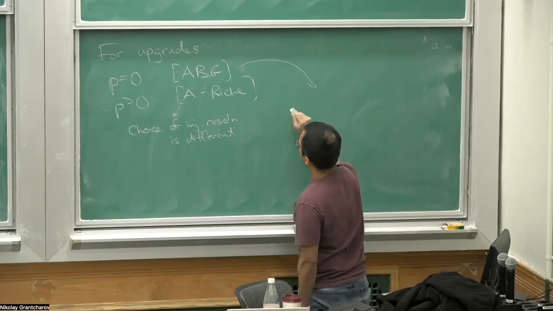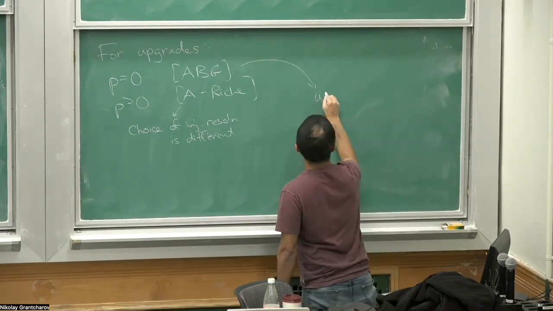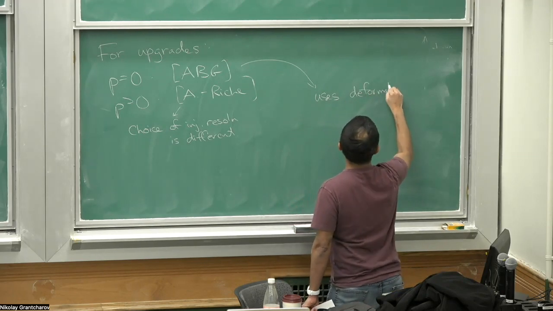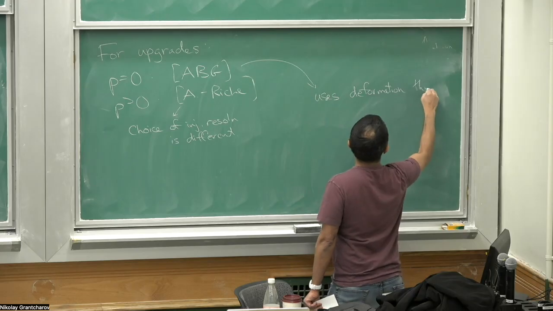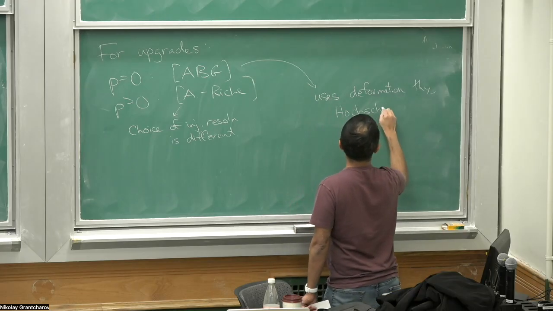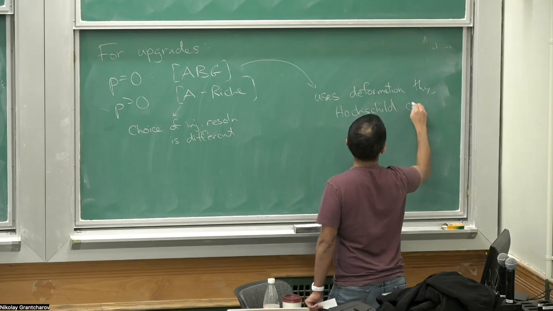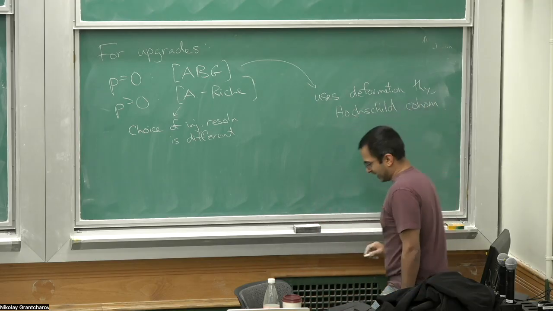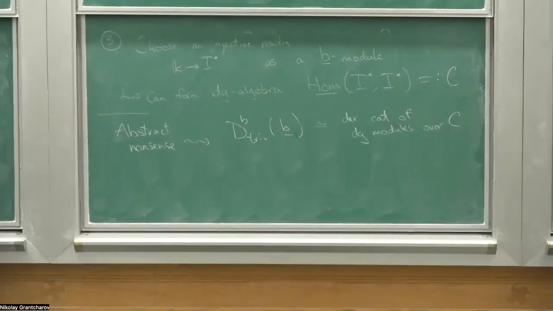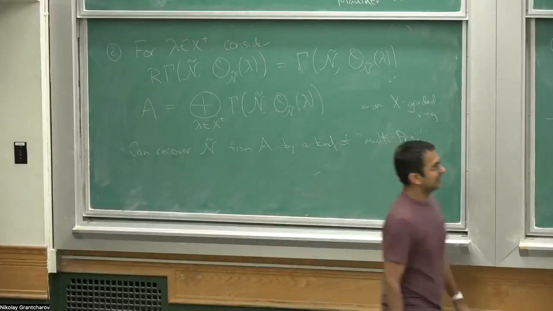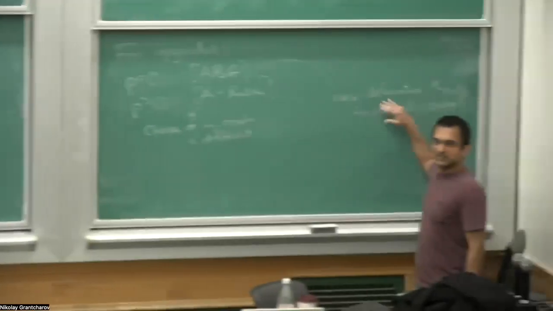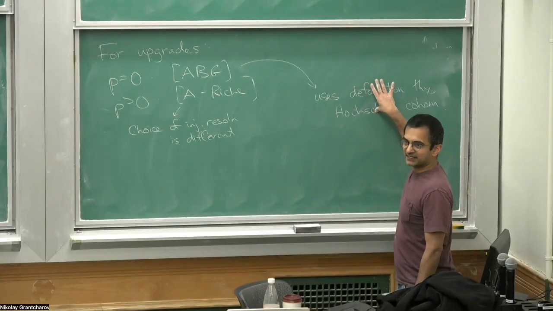So the argument in ABG uses some kind of deformation theory and Hochschild homology or Hochschild cohomology, and we couldn't figure out how to adapt these results to positive characteristic.